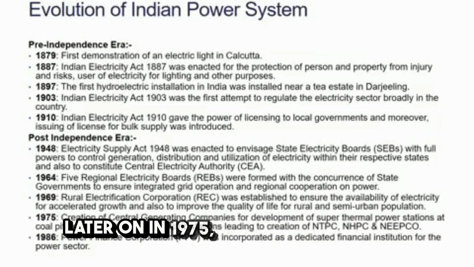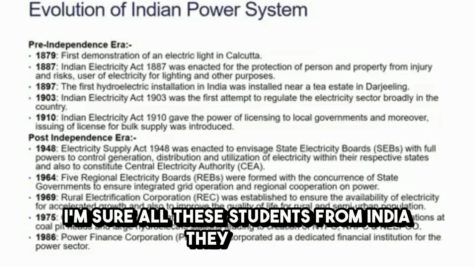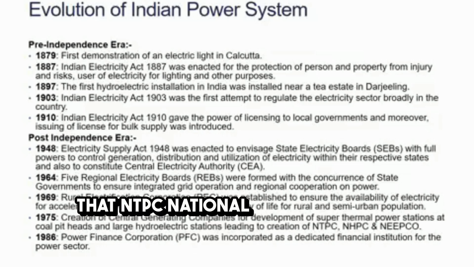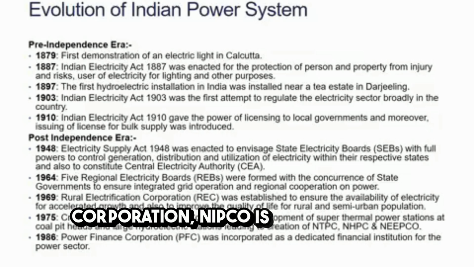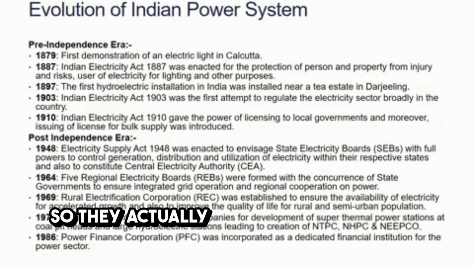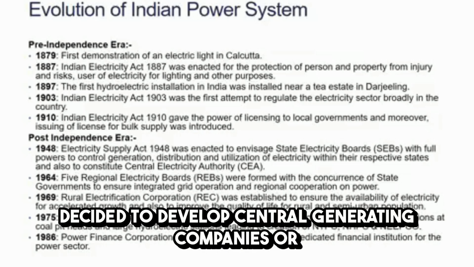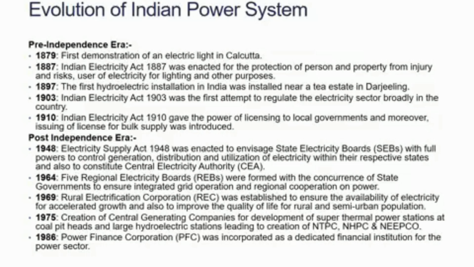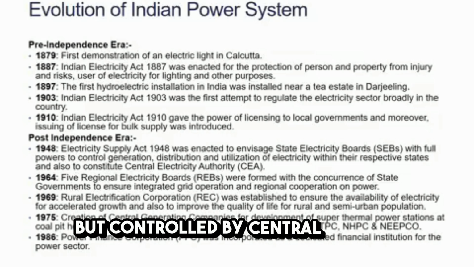Later on in 1975, I'm sure all the students from India know NTPC, National Thermal Power Corporation, NHPC, National Hydropower Corporation, and NEEPCO, which is another company in the northeast. So basically the Indian government decided to develop central generating companies, controlled not by the individual state but by a central entity.